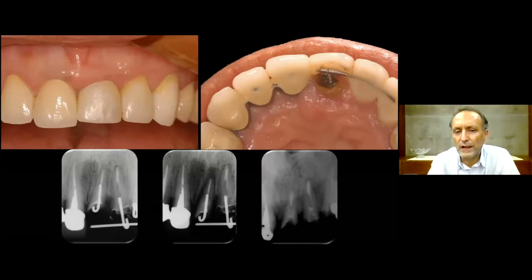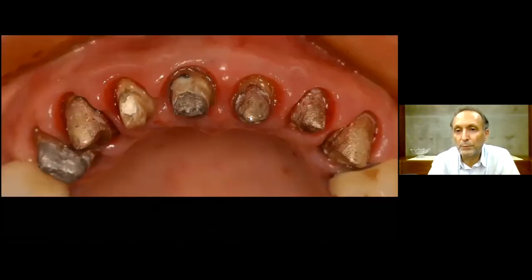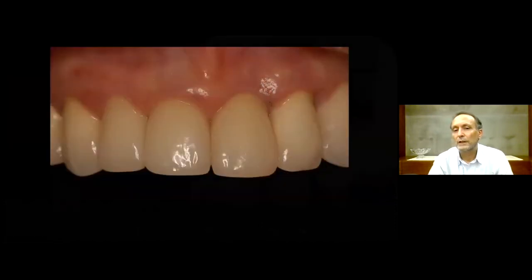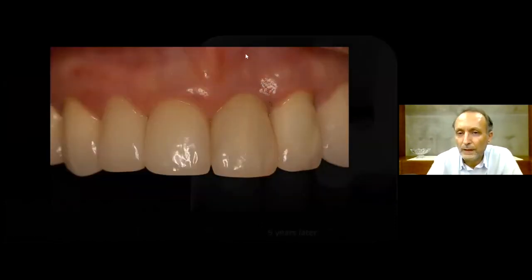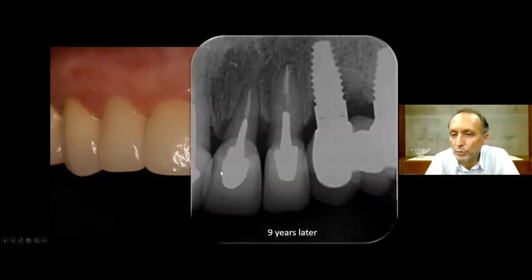At the activation space of every week, to a point where we had enough ferrule effect to keep the tooth in position for a long period, which is 9 years. 9 years later, because this patient refused to connect the teeth together, the tooth broke.